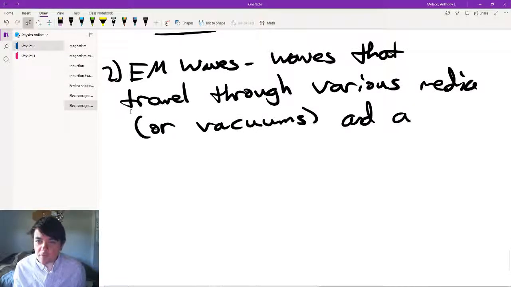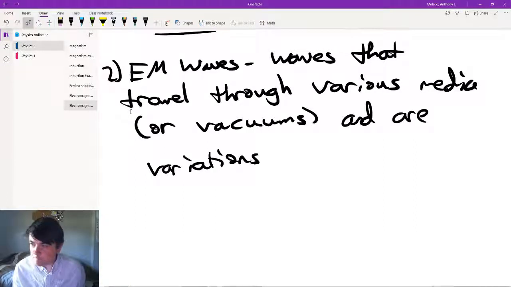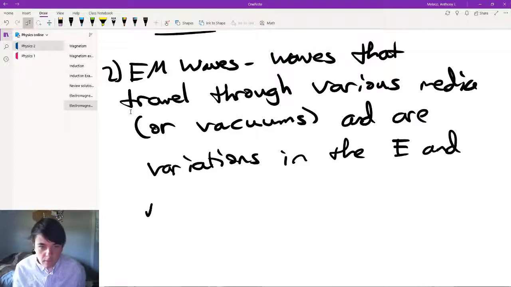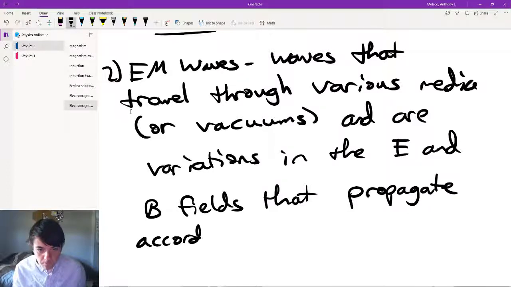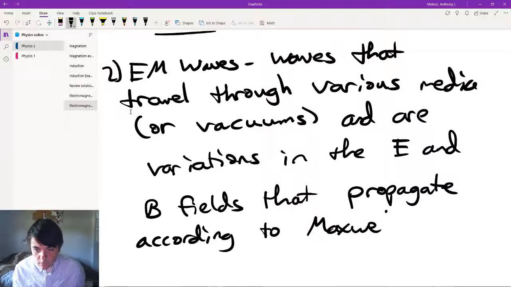And these guys are variations, not in local pressure, but in the E and B fields that propagate according to Maxwell's equations.